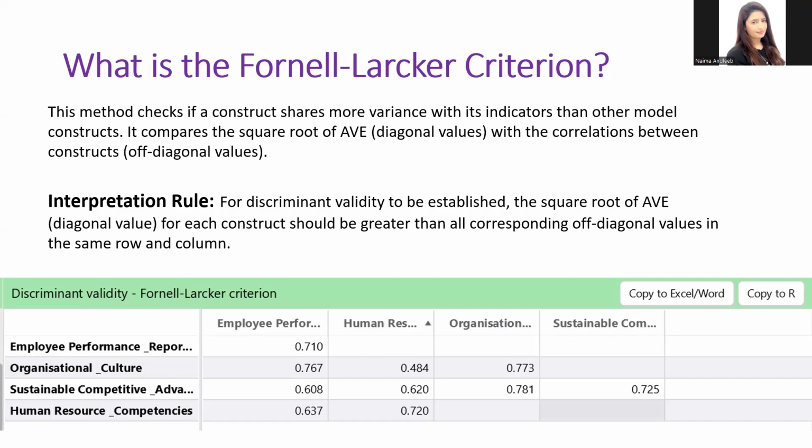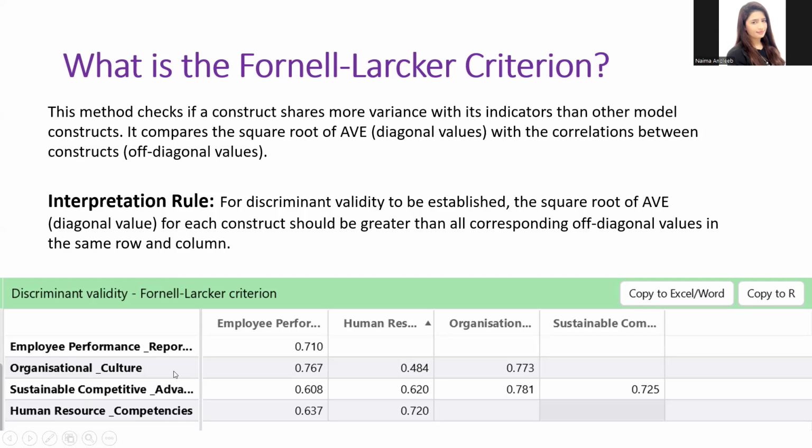It compares the square root of AVE, the diagonal values, with the correlations between constructs, the off-diagonal values. The interpretation rule of Fornell-Larcker is that the square root of AVE diagonal value for each construct should be greater than all corresponding off-diagonal values in the same row.